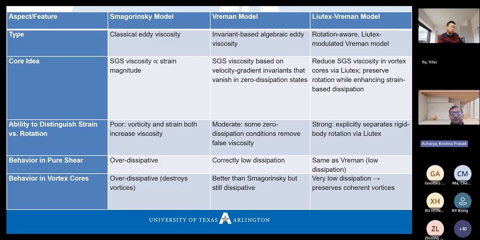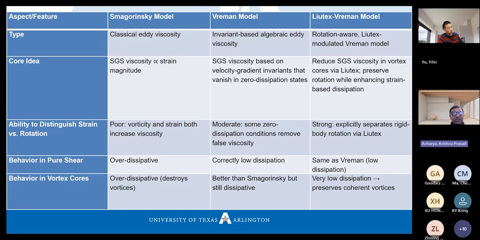Core idea: Smagorinsky, SGS viscosity is proportional to strain magnitude. Vreman, SGS viscosity based on velocity gradient invariants that vanish in zero dissipation states. Liutex Vreman reduces SGS viscosity in vortex cores via Liutex, preserving rotation while enhancing strain-based dissipation.